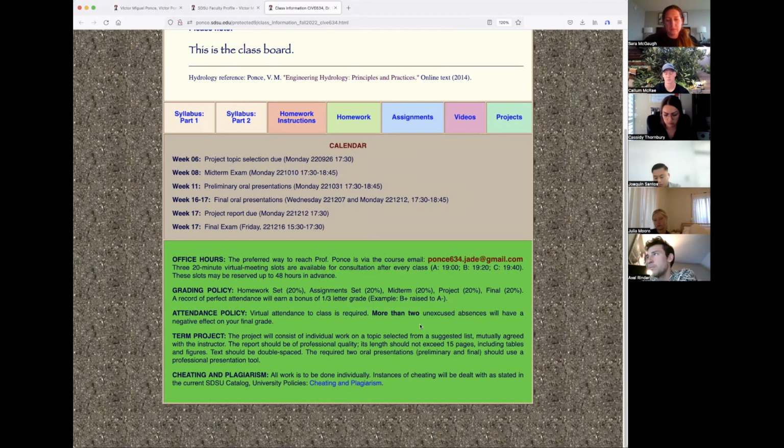Now, more than 2 unexcused absences will have a negative effect. What does this mean? It means that it would be my decision, if you have more than 2 unexcused absences, to give you a grade that reflects the fact that you were not here, at least not on my record.